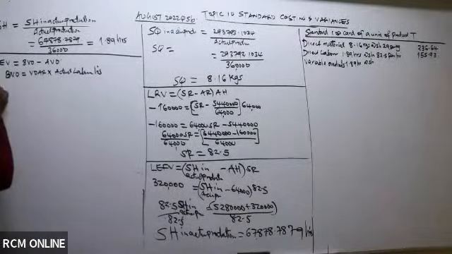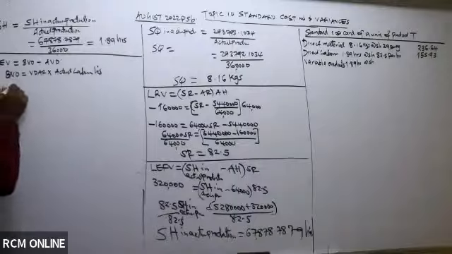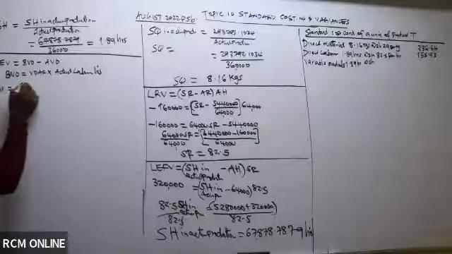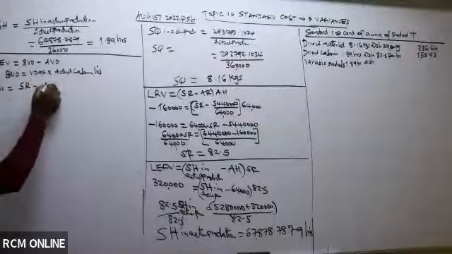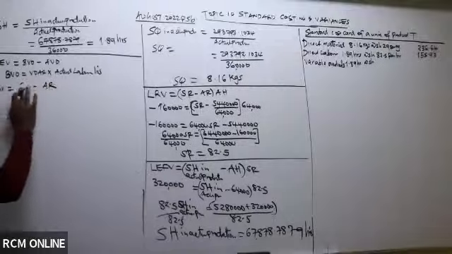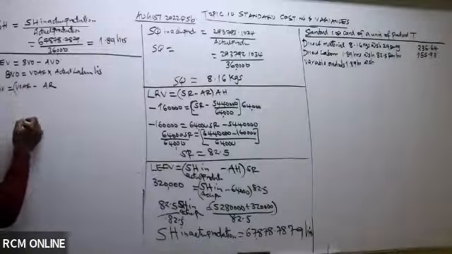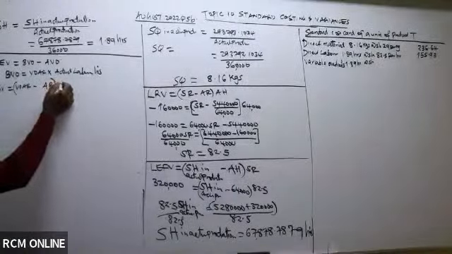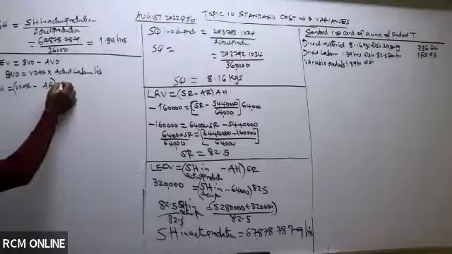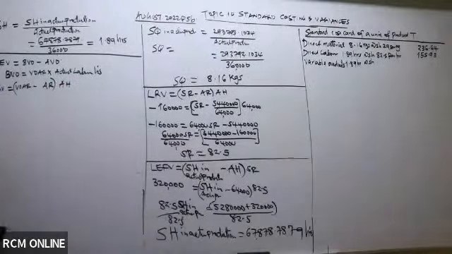So the other method, remember variable overhead rate variance. We talked about variable overhead rate variance is the standard rate minus actual rate. And this standard rate for the variable overhead, we are talking about variable overhead absorption rate, minus actual rate, then you multiply by actual hours.